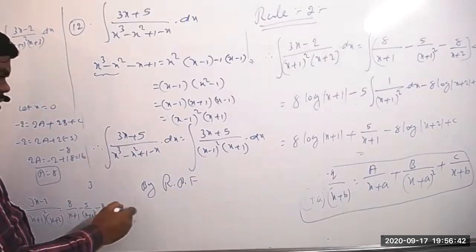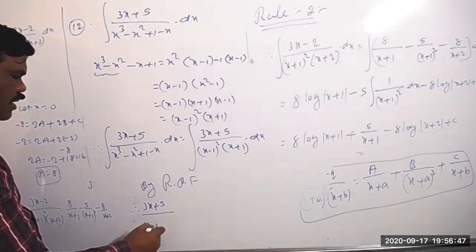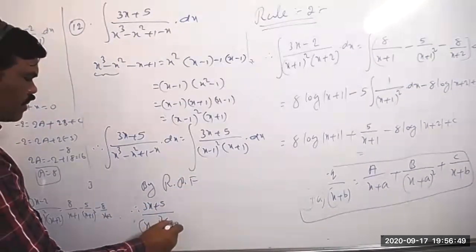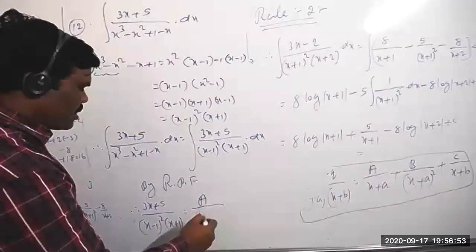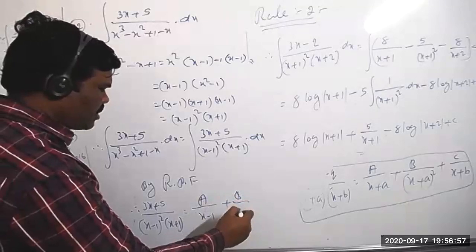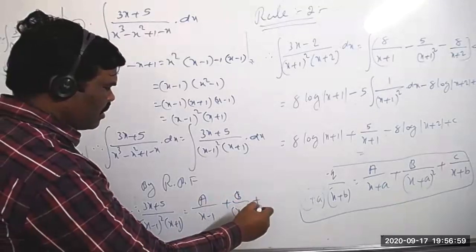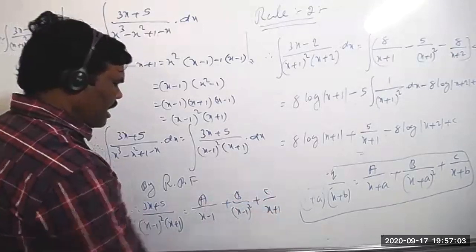So now I can take here (3x plus 5) by (x minus 1) whole square into (x plus 1) is equal to, you can write now a by x minus 1 plus b by (x minus 1) whole square plus c by x plus 1.